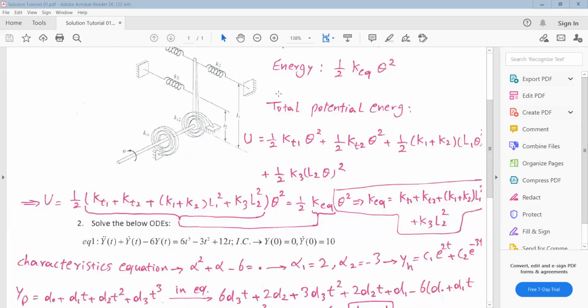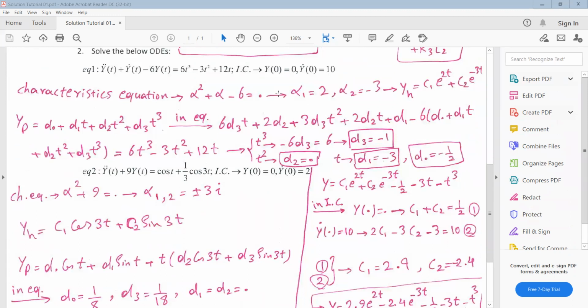Okay. The second problem is two different ordinary differential equations.